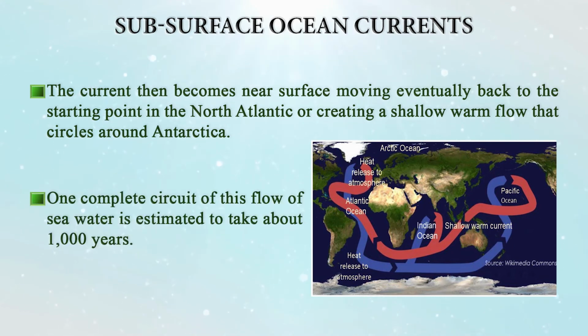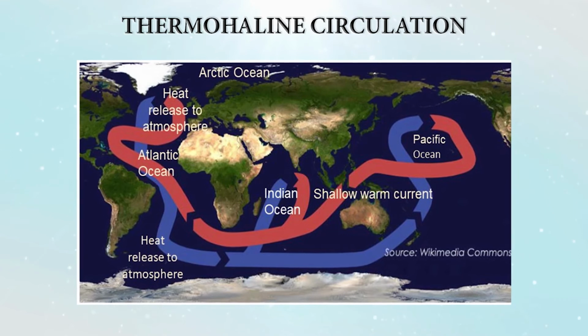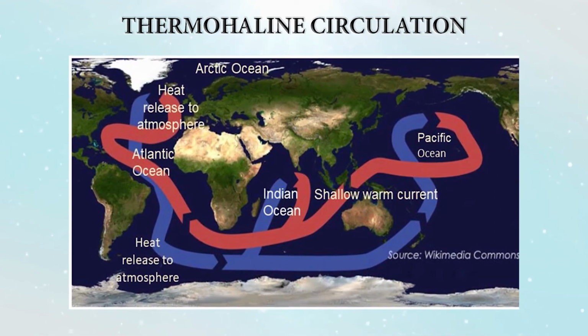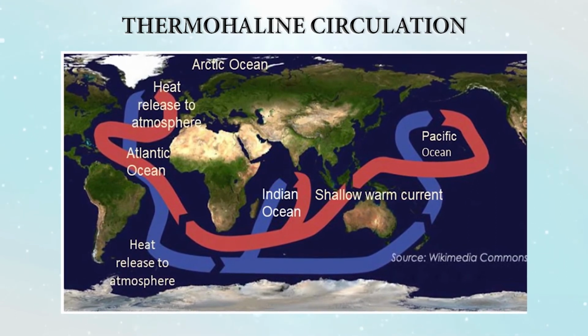One complete circuit of this flow of seawater is estimated to take about 1000 years. You will understand this better with the help of this figure, where thermohaline circulation is represented. The red ones are the shallow warm waters and the deep ones are shown in blue color.